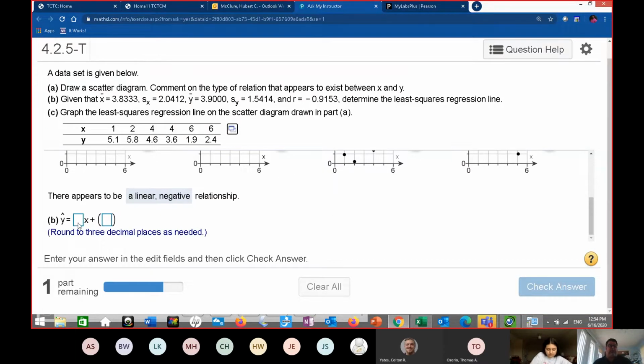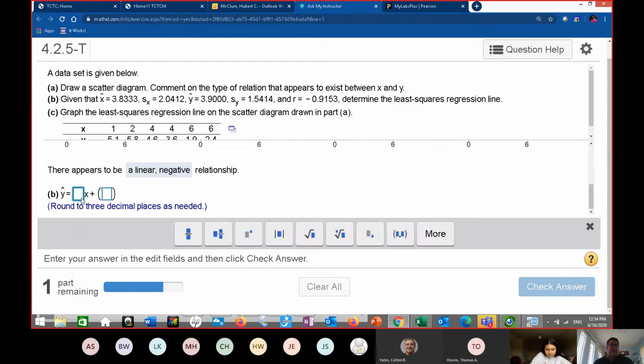Okay, this is the part B that you were worried about, whoever sent this question. All right, so that's going to be negative 0.691x plus 6.55.